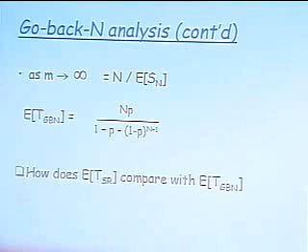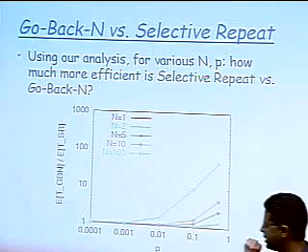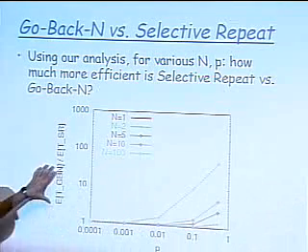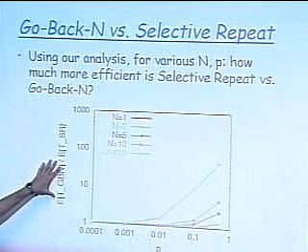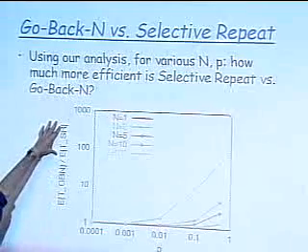Now we can compare the performance of go back n and selective repeat, and we can vary these two parameters, the loss probability and the window size. So what I'm plotting here is the expected number of transmissions for go back n divided by the expected number of transmissions for selective repeat.